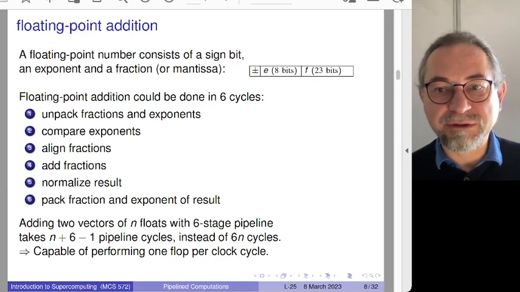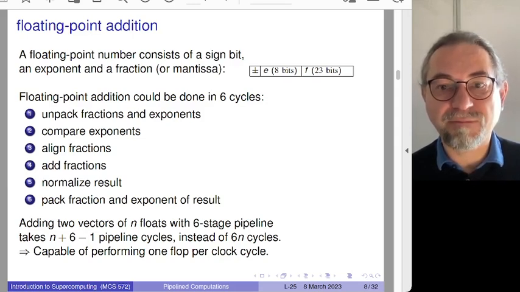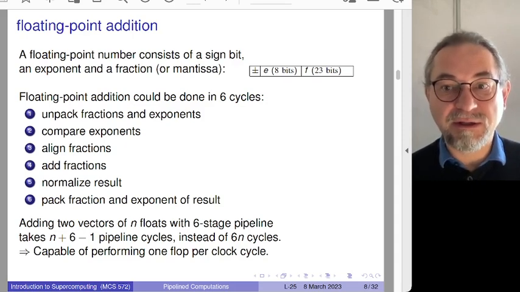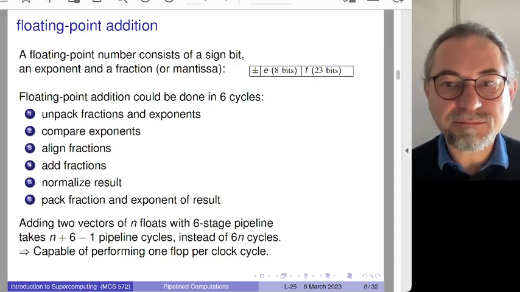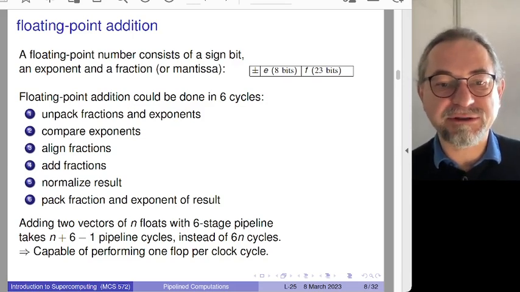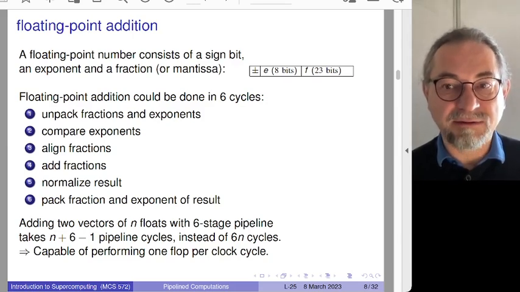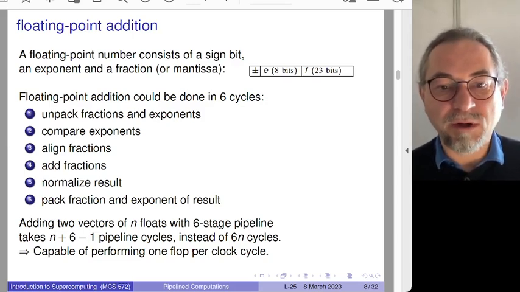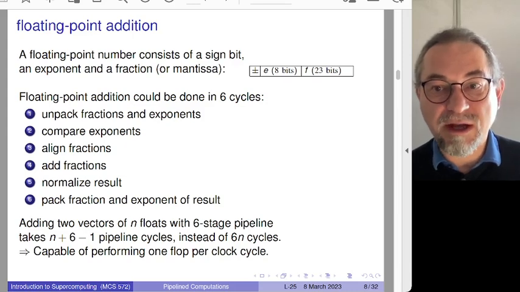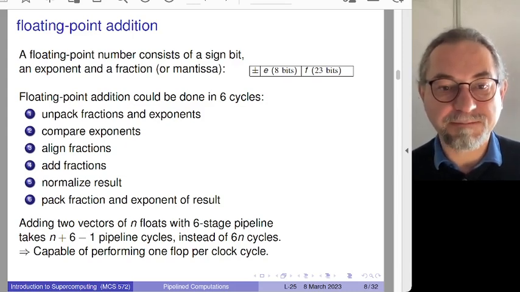So the 6 minus 1, this 5, becomes negligible when you're dealing with very long vectors. That's why in linear algebra, as most scientific operations involve linear algebra, one can realize one floating point operation per clock cycle. That's why we may often assume that with a good implementation on a gigahertz processor, we will have gigaflop performance.